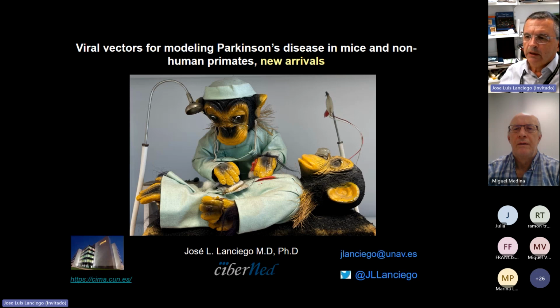So you can use AAV9P31 with any gene you may have in mind. For instance, for those of you working in Parkinson who want to overexpress alpha-synuclein, this is a very good candidate because you can deliver alpha-synuclein just by a systemic delivery of an AAV. Quite the same applies for people that are dealing with tau. You can overexpress tau all over the brain without any trouble, simply by going systemically.